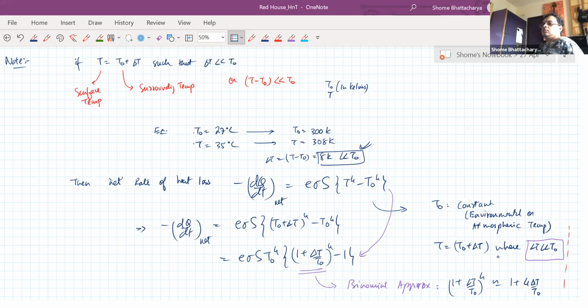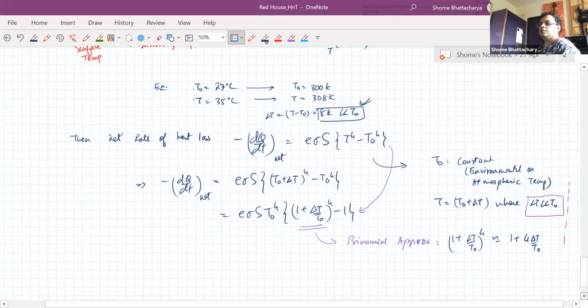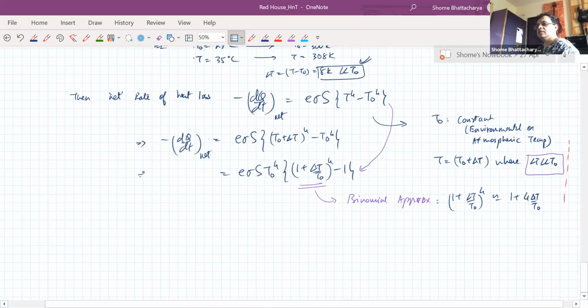Okay, so now as we come to this step, we're seeing the net rate of heat loss. Next step, we will put in this value; it will be substituted for this thing.